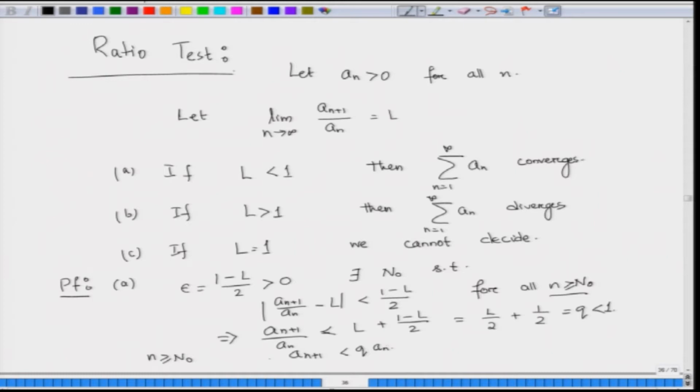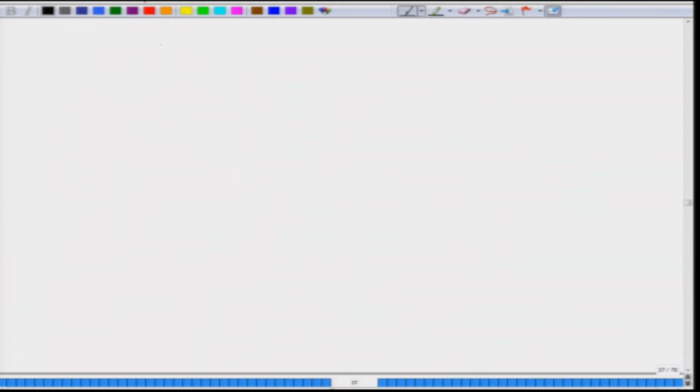Now, if you take large n, what are we getting? a n naught plus l is going to be less than q times a n naught plus l minus 1, which is again less than q square a n naught plus l minus 2.